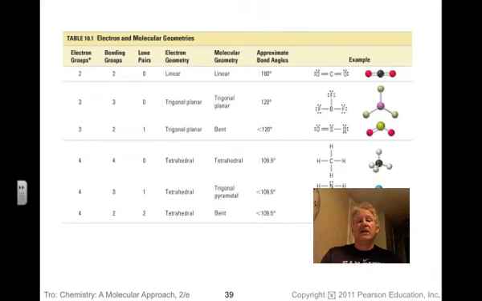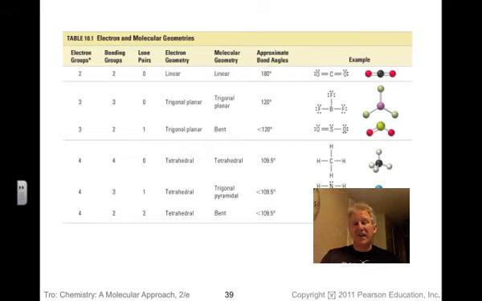If we've got three total electron groups, two of them bonded and one of them a lone pair, we get the bent structure. And then going through tetrahedral, we've got four electron groups, all four of those being bonded, you get the tetrahedral shape. Again four electron groups, only three of them bonded, one lone pair, and you've got the trigonal pyramidal. Four, two bonded, two lone pairs, and you get the bent shape.